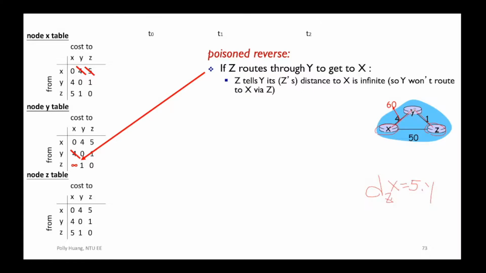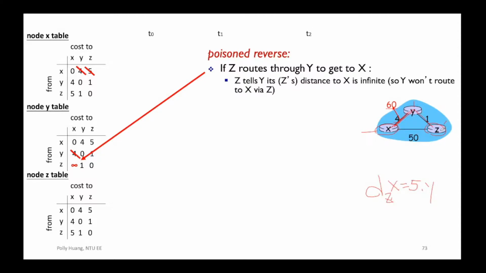Now, link XY here, the cost changes from 4 to 16. X and Y, these two routers being connected to the link, will be able to discover the link cost change. But Z here, being farther away, couldn't.